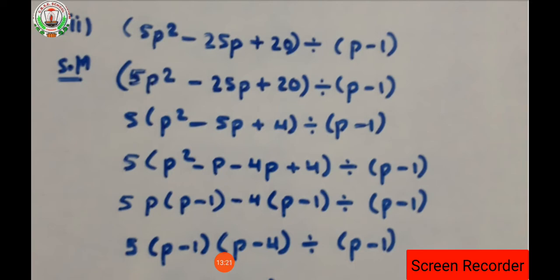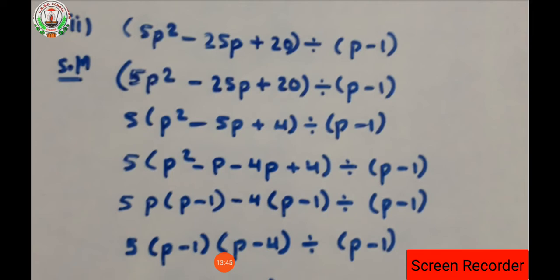Now minus 25p, we can write it as, before splitting minus 25, we can take 5 as common, or you can split directly, no issue. I take 5 common because 5 is present in all three terms.